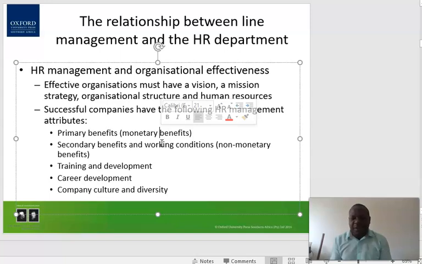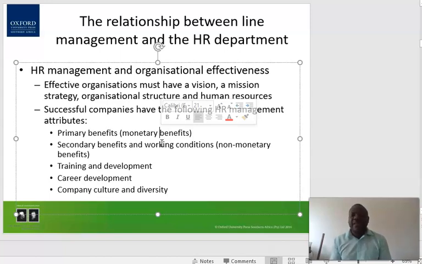Training and development is also a key attribute for successful organizations, whereby once you have managed to select the right employees, you also need to train them so that they have the key competencies needed for the execution of their duties. You should also continue to provide employees with development opportunities whilst they are working in your organization.